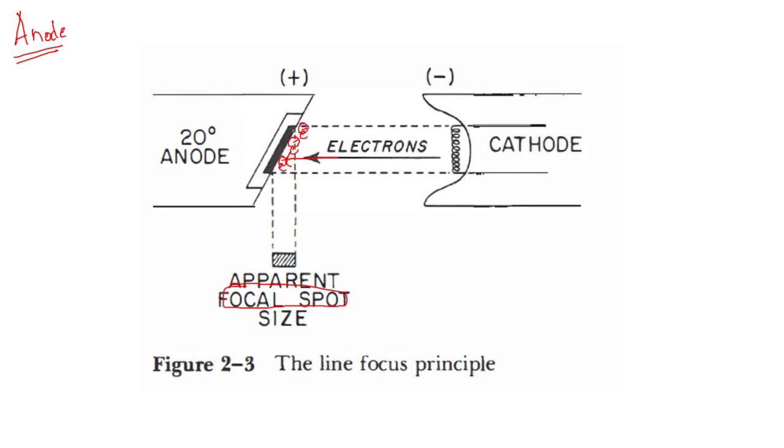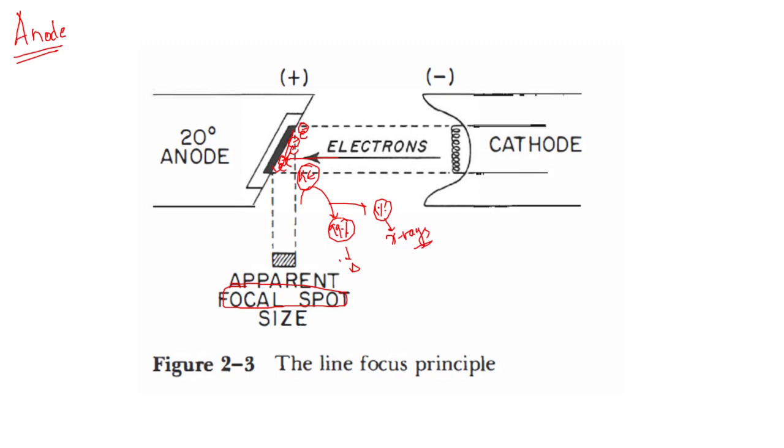So the spot or the area where the electrons come and bombard the anode is called the focal spot. At the focal spot, most of the kinetic energy of the electrons is converted into heat: 99% of the kinetic energy is converted into heat, whereas 1% is converted into X-rays.